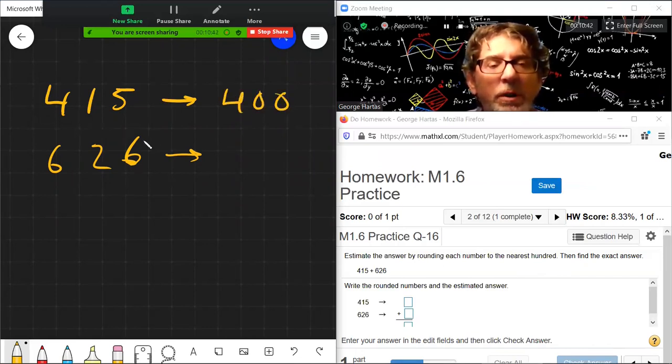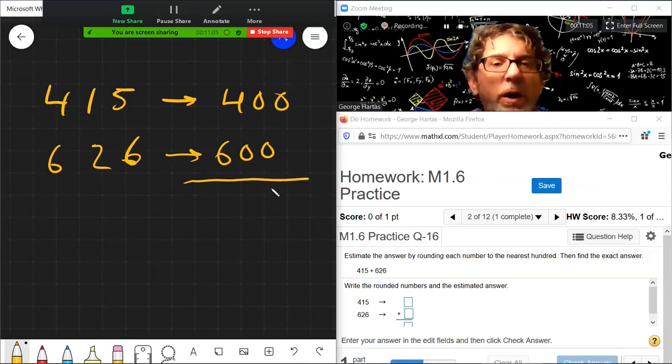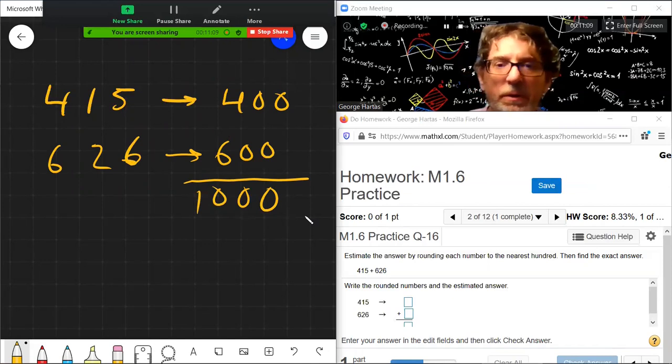This number to the nearest 100 is 600. And always watch to see what they want us to do. Because in some cases, I've seen students add when they're supposed to subtract and so on. So look at the mathematical operator. So we're adding. So 400 plus 600 is 1,000.